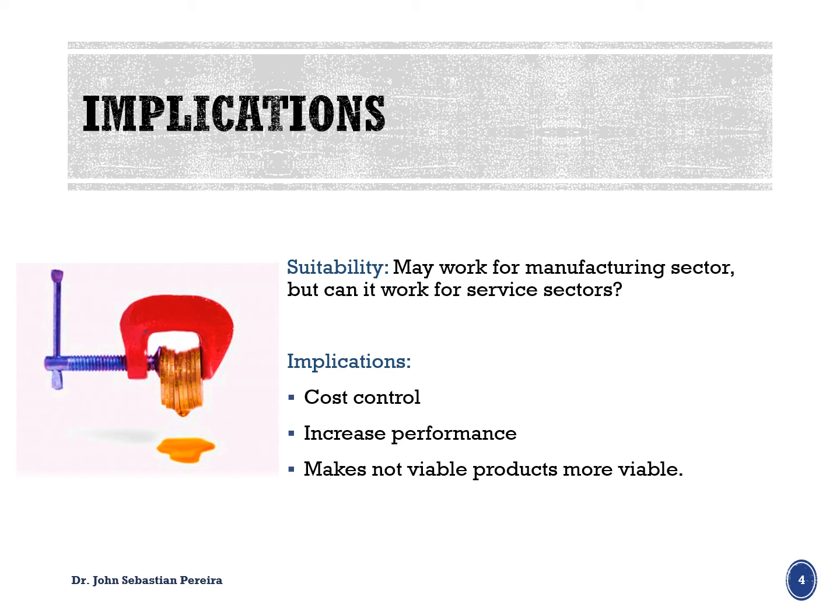Sometimes products that were not viable because of high production costs become viable once a cost-cutting mechanism is put in place. So target costing has some benefits for manufacturing sector. Service sector is quite debatable.